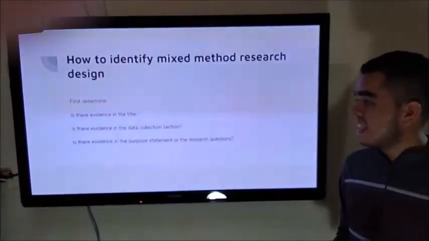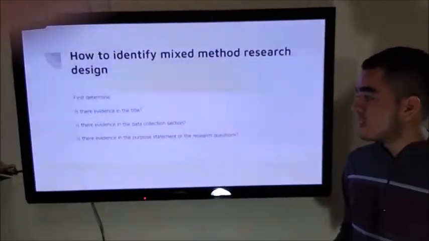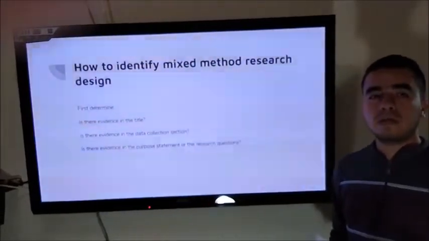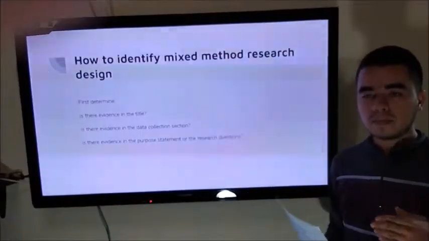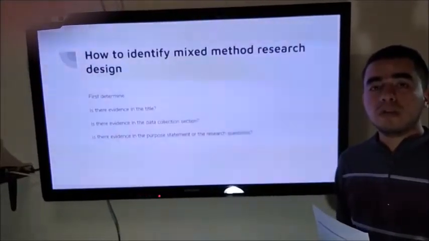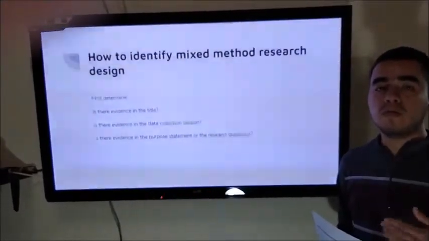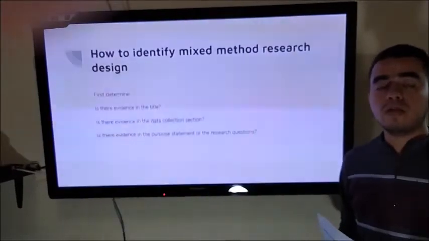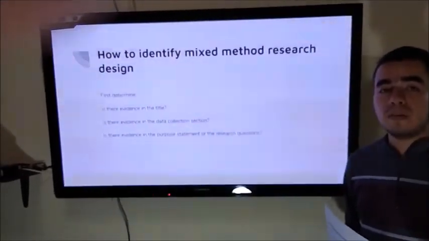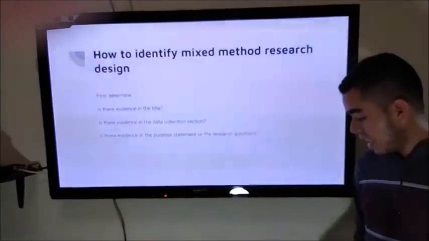Also, is there evidence in the purpose statement or the research questions? Some research questions can be divided so that one part focuses on the qualitative and the other on the quantitative, so you can also know if there's a mismatch with the design through that procedure.